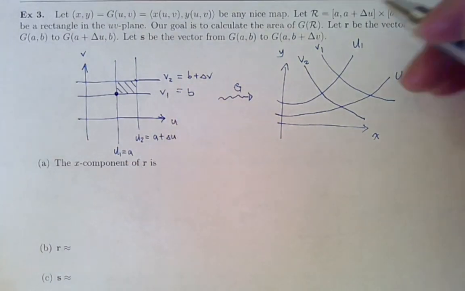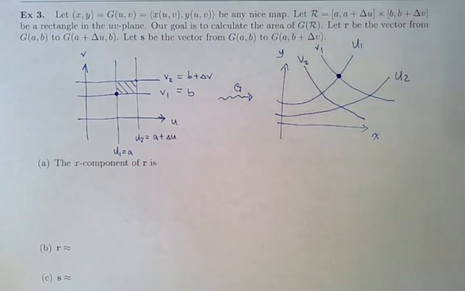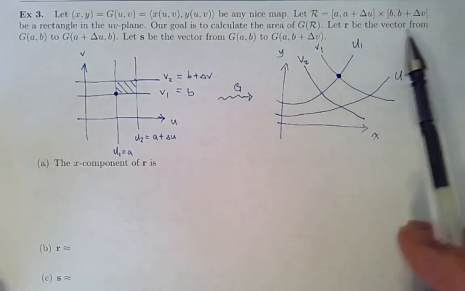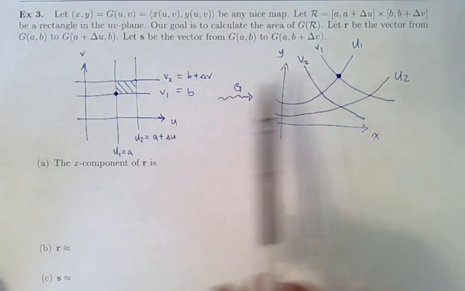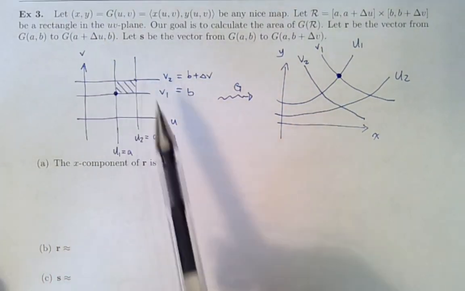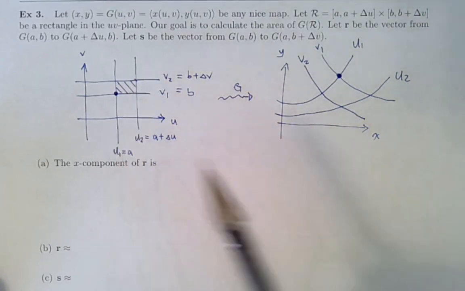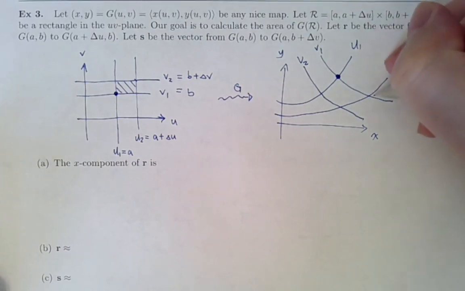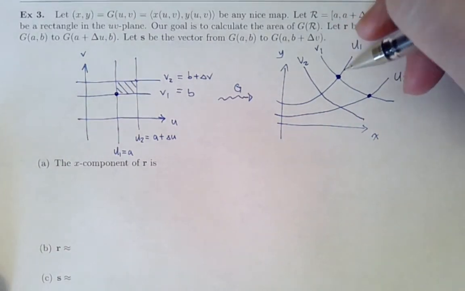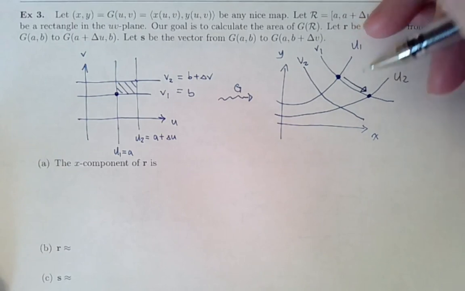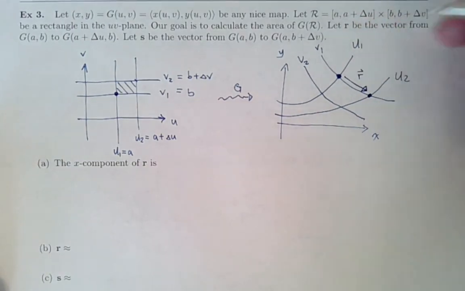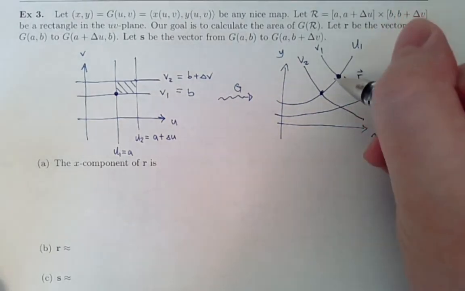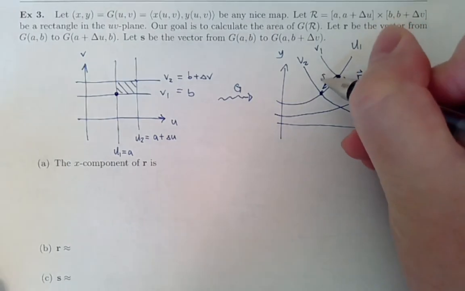Now the A, B point maps over here, the U1, V1 line, and here I'm saying let R be the vector from G of A, B, that's right here, to G of A plus delta U, B. So A plus delta U is the U2 line. So here we map U2 and V1. So we go to this point. This is the vector R. And similarly, this is the vector S.